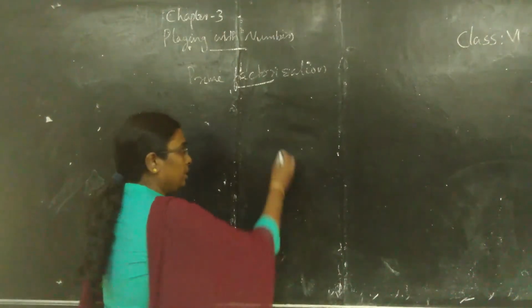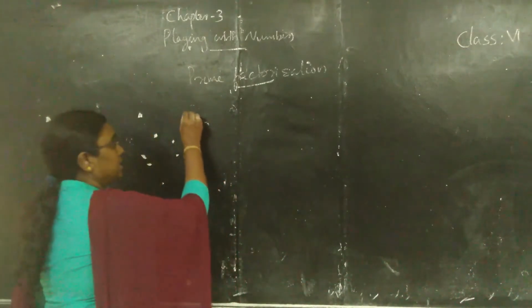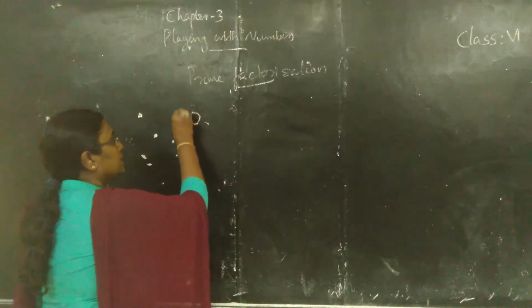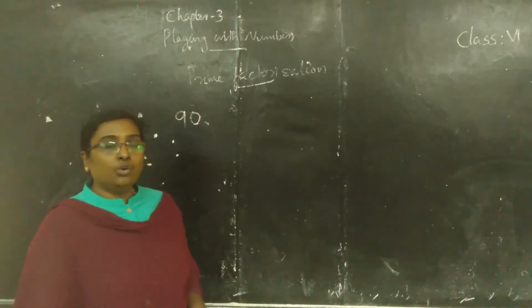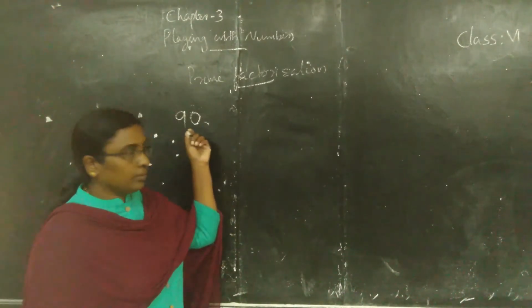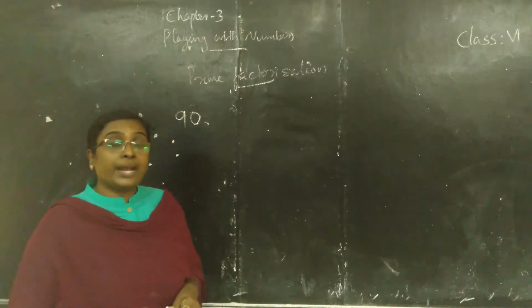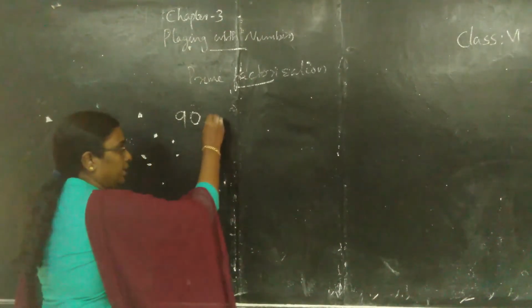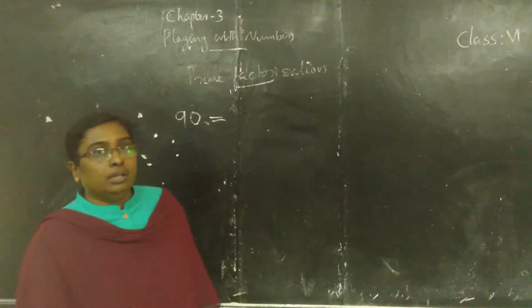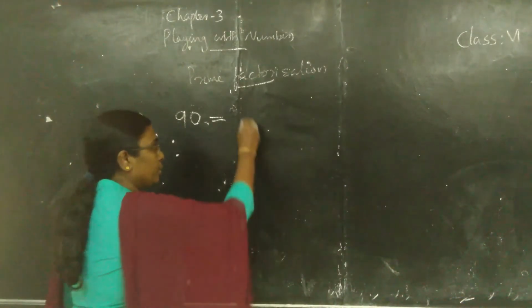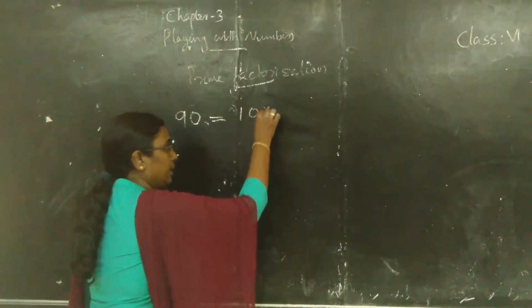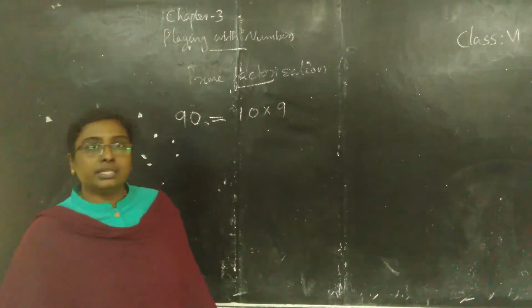Consider one more example. How can we write the prime factorization of 90? You know 90 equal to a product of two numbers, 10 into 9.